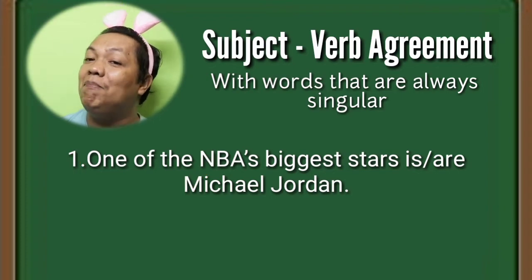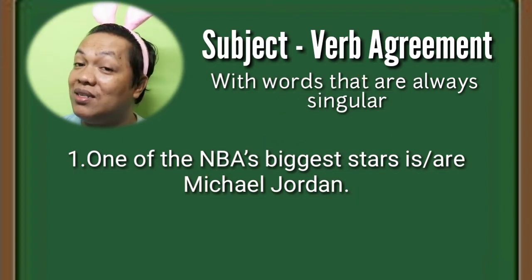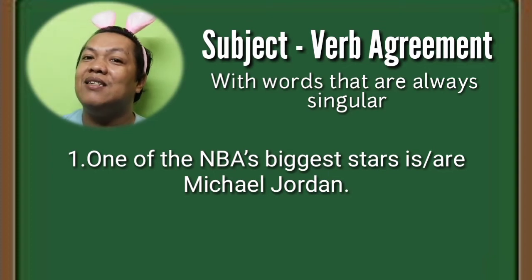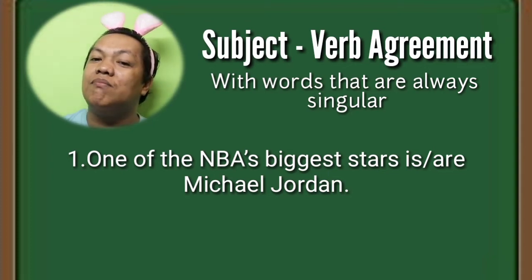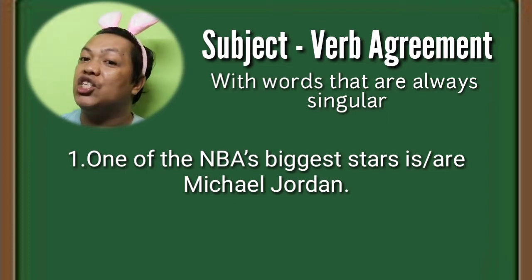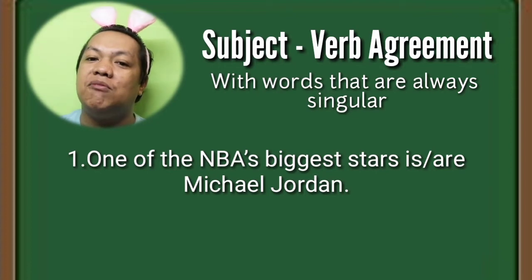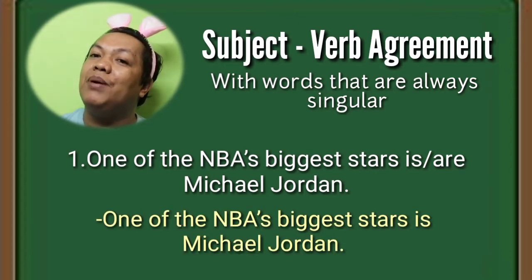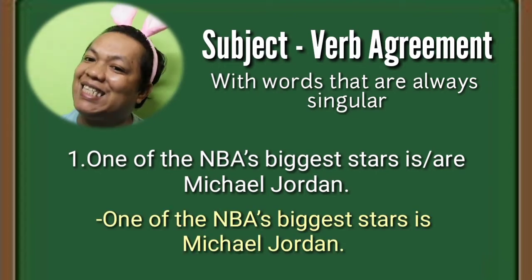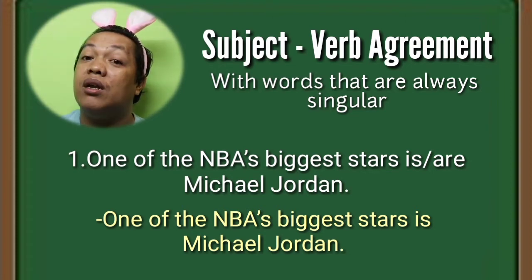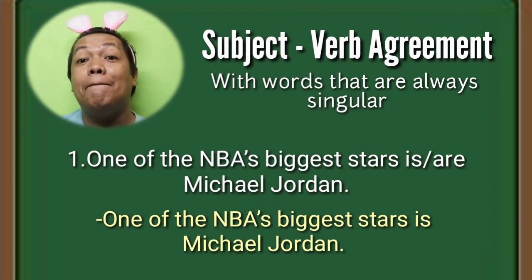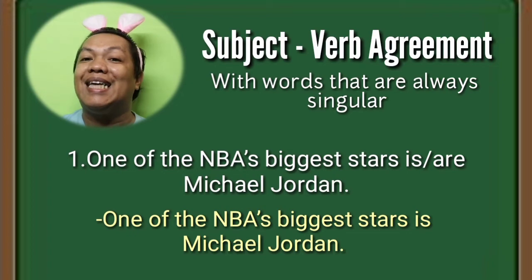Then, biggest stars. Let us say you have 10 biggest stars in the NBA, but we only have Michael Jordan as one of the biggest stars. So your answer should be: one of the NBA's biggest stars is Michael Jordan. We're only talking of Michael Jordan as the lone subject in the sentence.